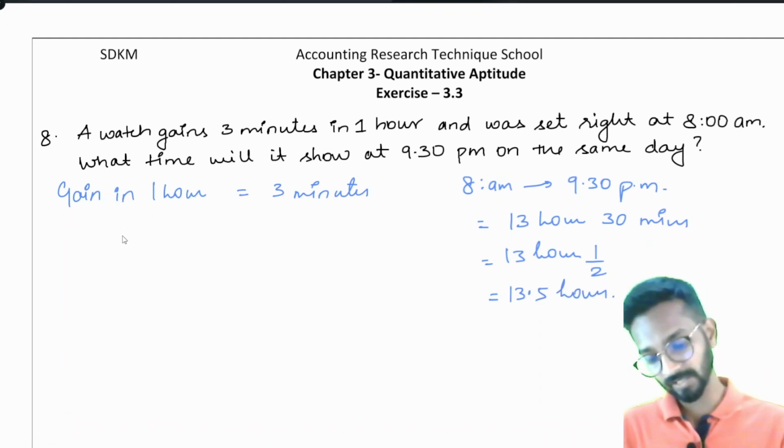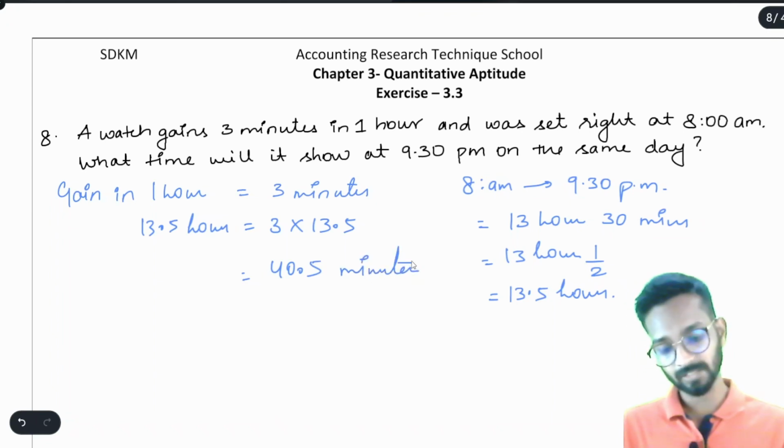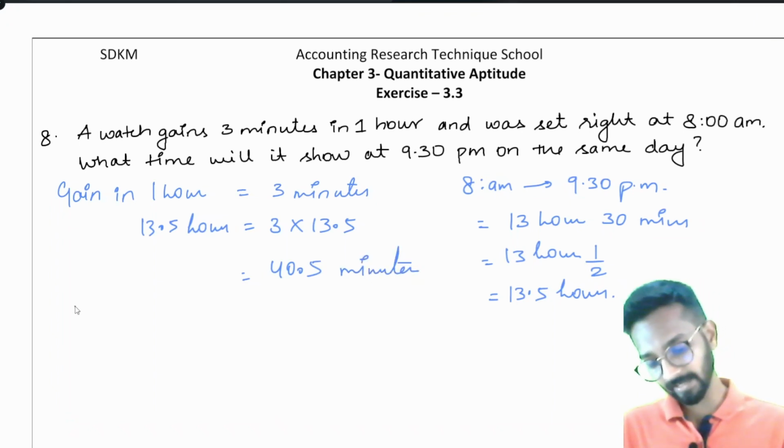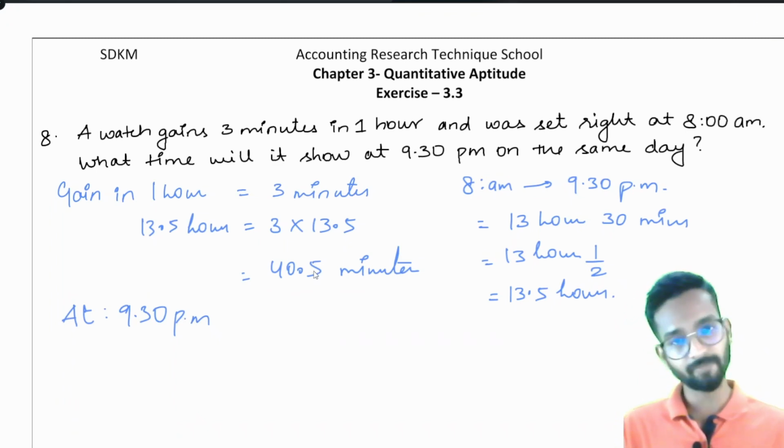So gain in 13.5 hours is equal to 3 multiplied by 13.5, that is 40.5 minutes. Simple. So at 9:30 pm, it will show extra 40.5 minutes.